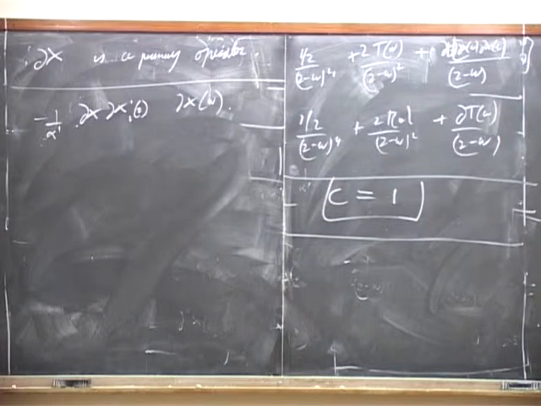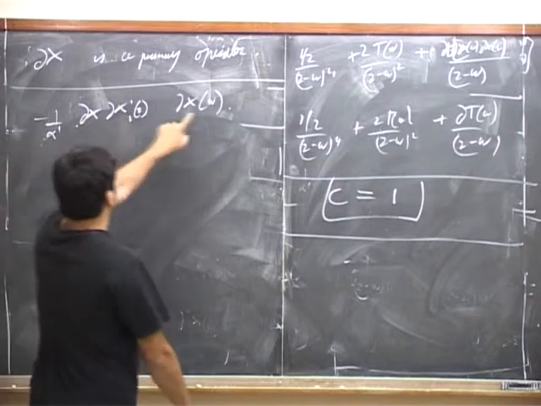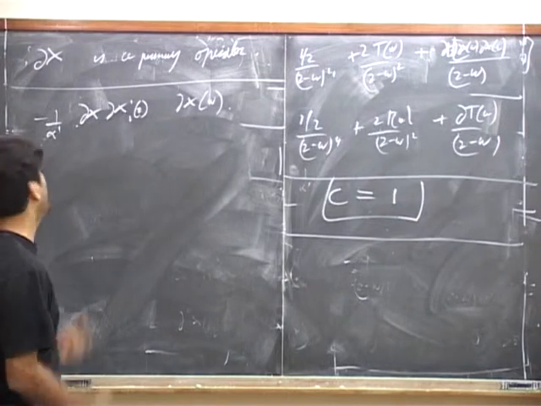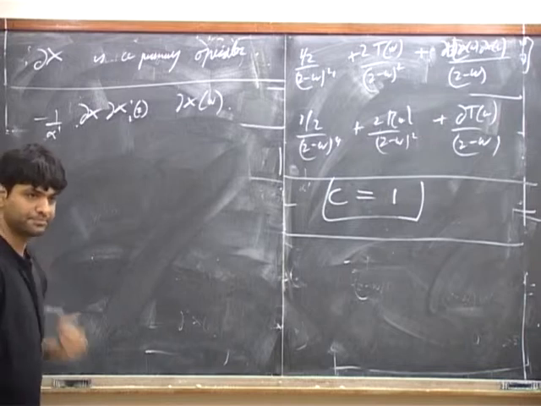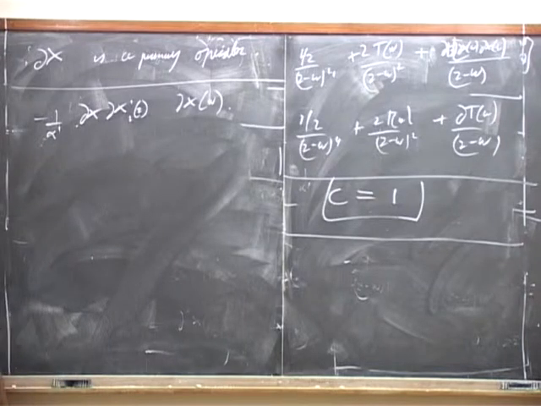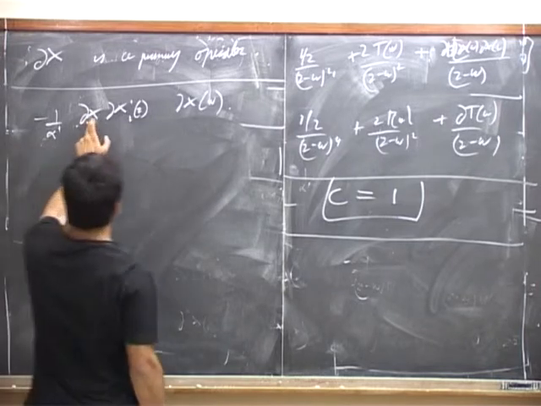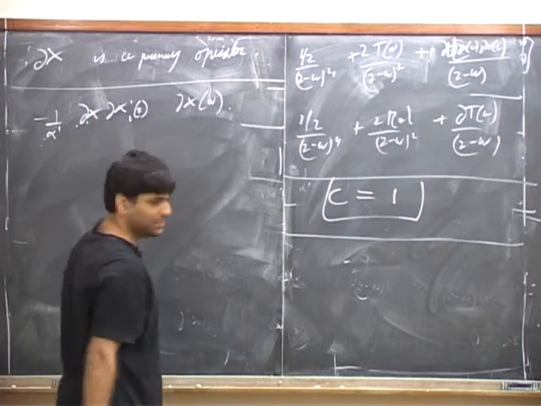Let's do the calculation. Well, we can contract once or not at all. So let's do the contraction once. We have a factor of 2 from which one of these two contracts.